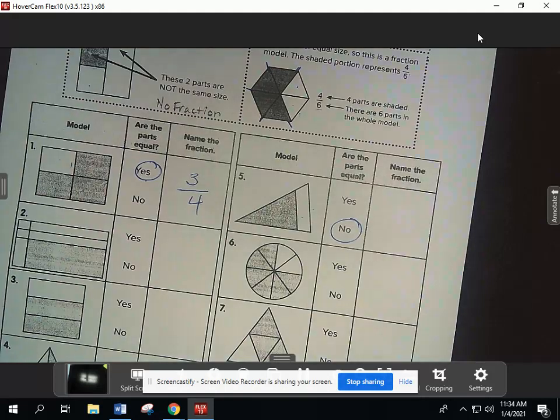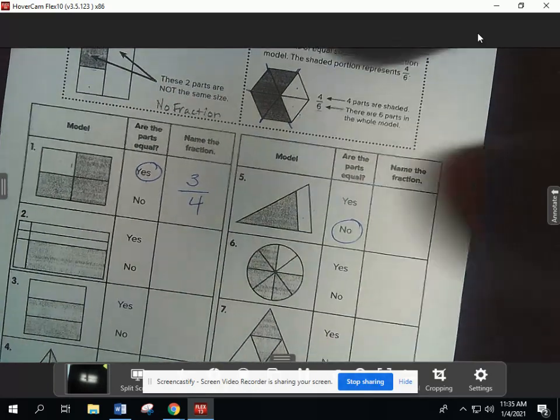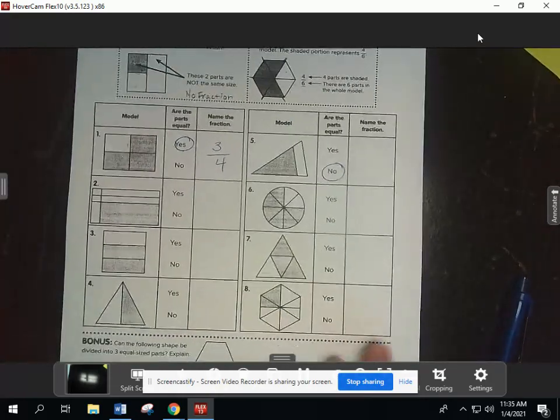Okay, so people at home, if you don't have this, this will be attached to the lesson so that you can download it. Otherwise, you can look at this, label a paper 1 through 8, write yes and the fraction, or write no and leave a blank.